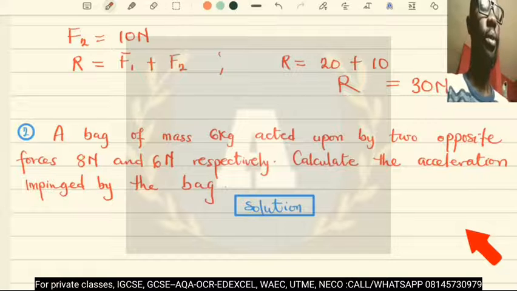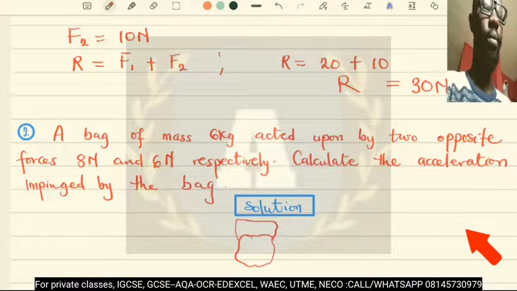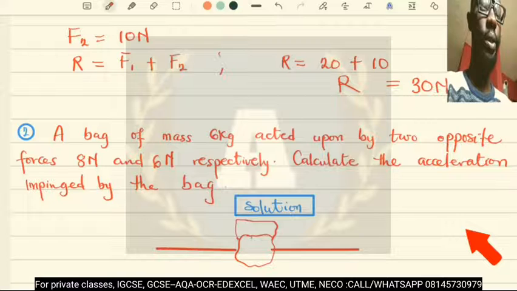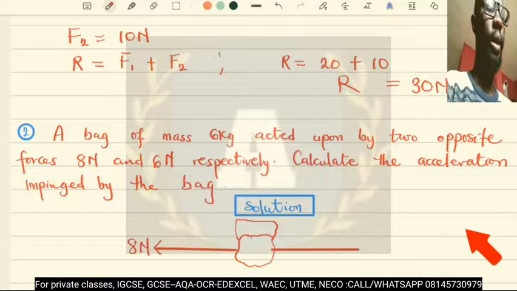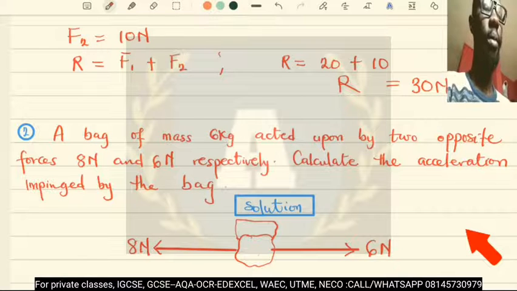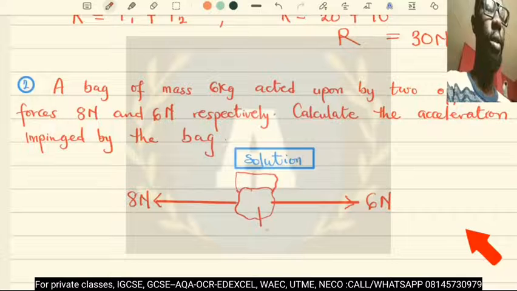Okay, so let's assume this is the bag, and it is acted upon by two opposite forces, one of 8 Newton and another of 6 Newton, and the mass of the bag is 6 kg. We are asked to calculate the acceleration.